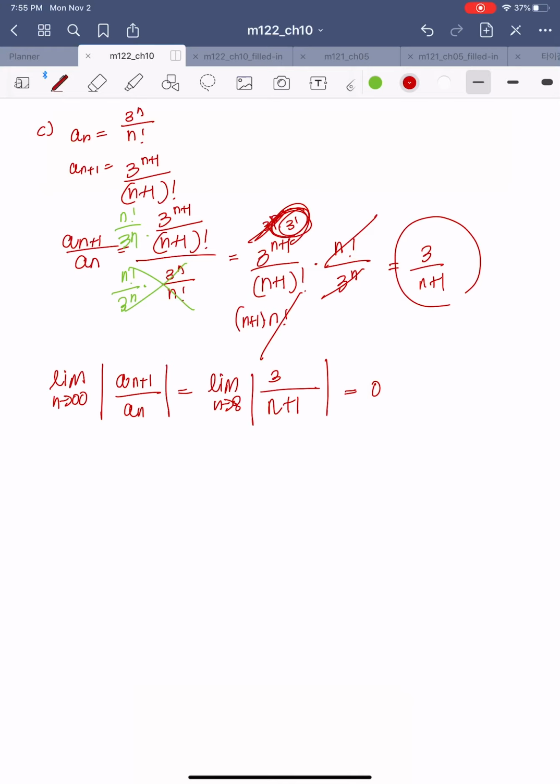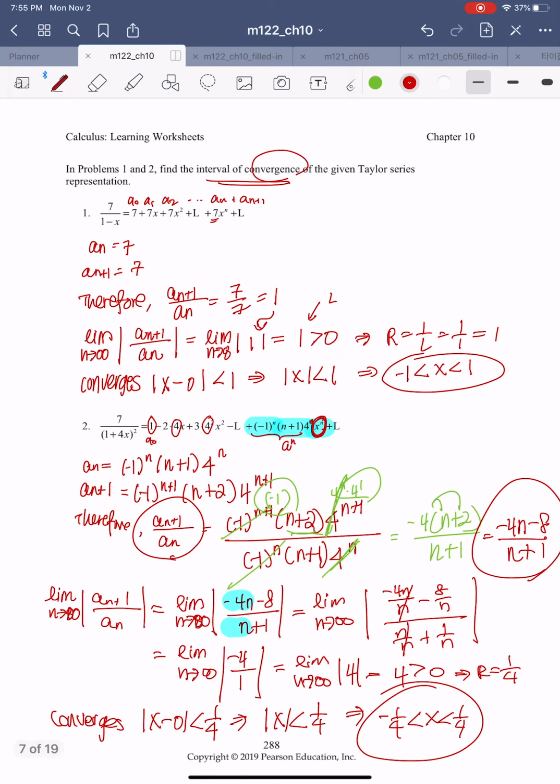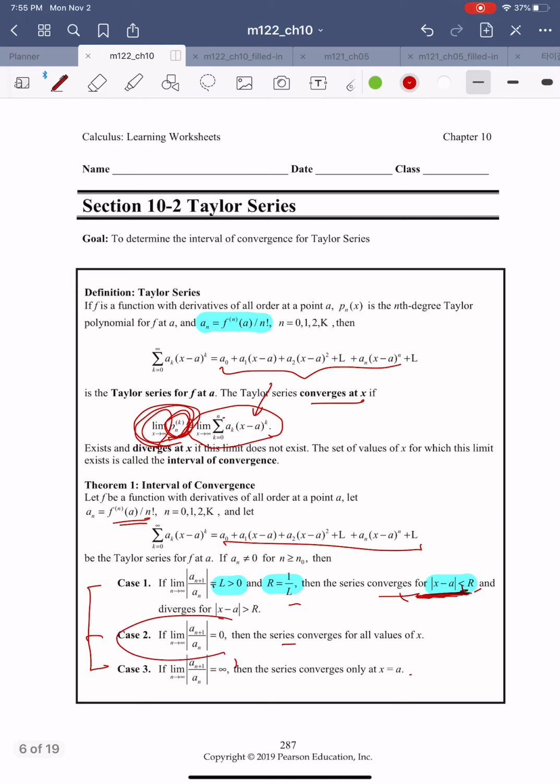If you plug in a really big number, then the fraction in general will be 0. So which case is it when it's equal to 0? This will be case 2. When the limit as n approaches infinity of the ratio equals 0, then it converges everywhere.